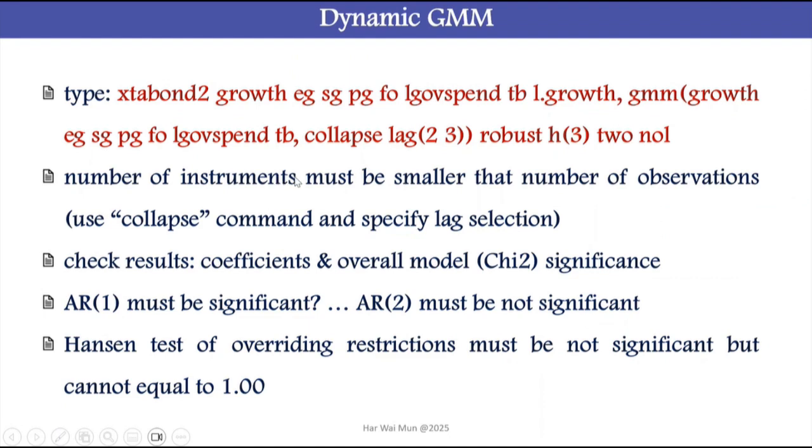You try and see, you get the red color, I don't know what warning they give you, but they say you cannot run. Then after you run the model and the results come out, you check the beta coefficients. As usual, you check the beta for significance or not.